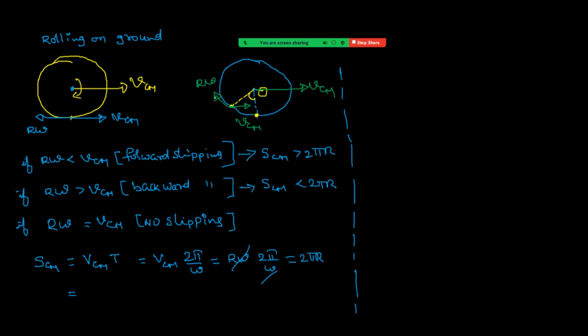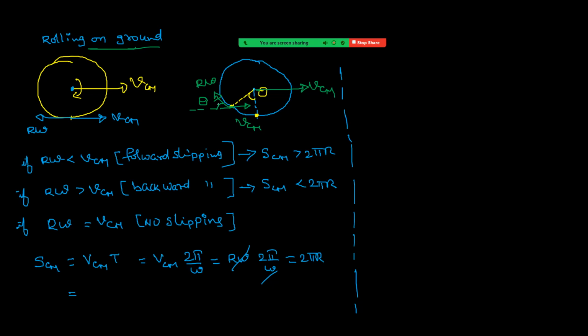Since we are taking rolling without slipping, R omega equal to VCM because rolling on ground. So you have to keep in mind, I'm taking here rolling on ground. That's why VCM equal to R omega. Now you can see between these 2 points, what is the angle? If I extend like this, the angle is also the same, theta only.